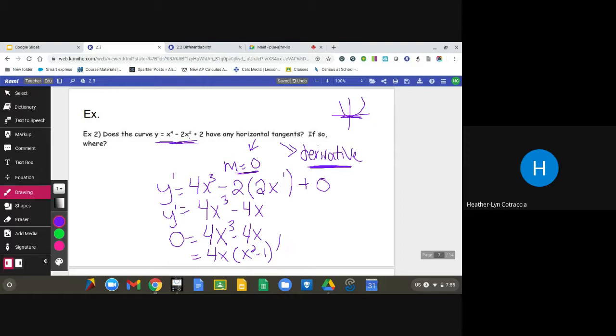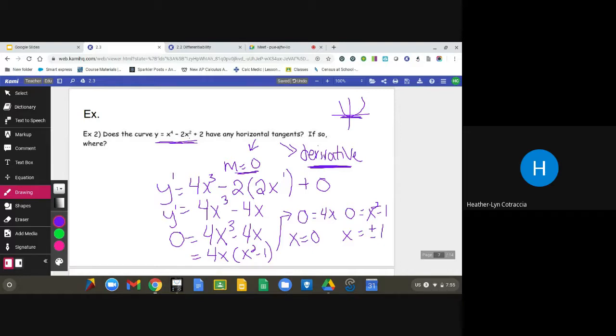We're going to t-chart this. So we'll get 0 equals 4x and 0 equals x squared minus 1. So over here, we're going to get x equals 0 when you divide by 4. And over here, you would do difference of perfect squares, or remember your plus or minus, whichever. You would get x equals plus or minus 1.